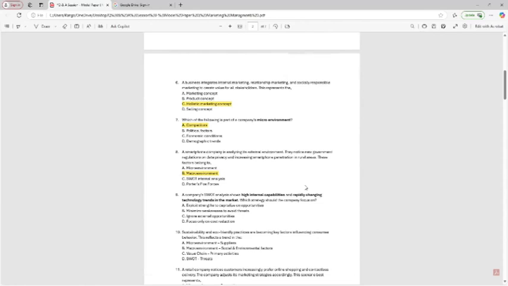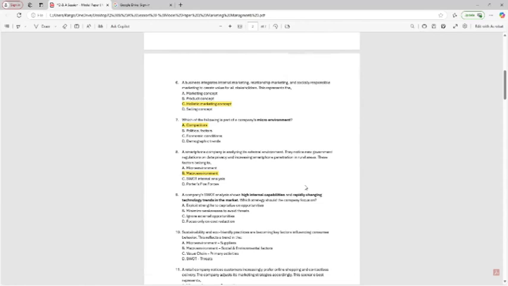So in SWOT analysis, we focus on a company's strengths, weaknesses, opportunities and threats. Strengths and weaknesses are internal factors, while opportunities and threats are external, outside factors that affect the company's performance.